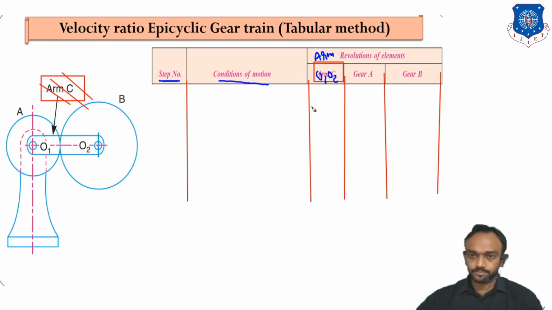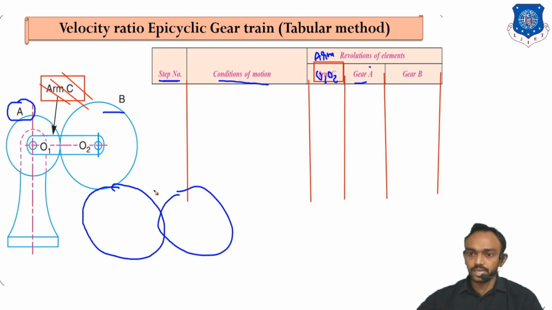After that you can start with all the gears: gear B, and if there are other gears, C and D. The number of gears may increase up to 6 gears in one example.